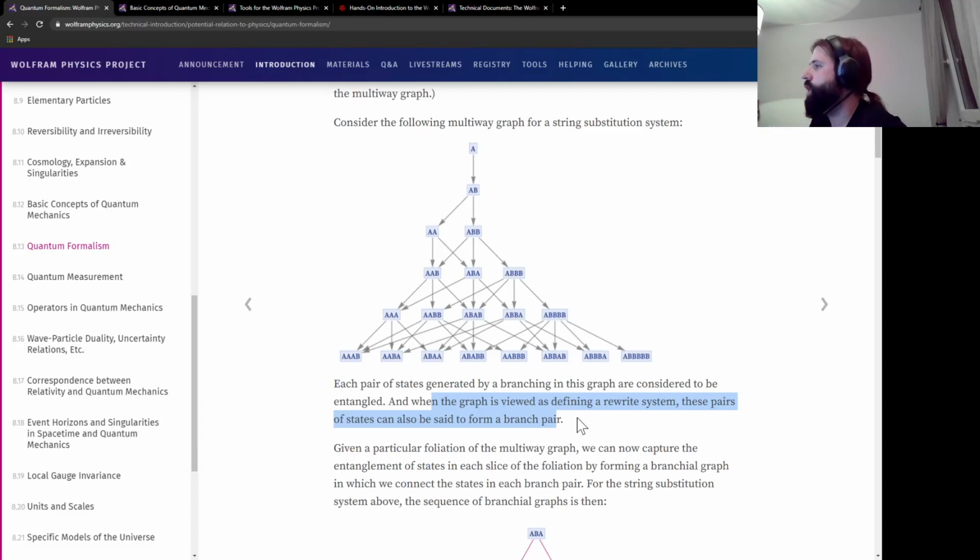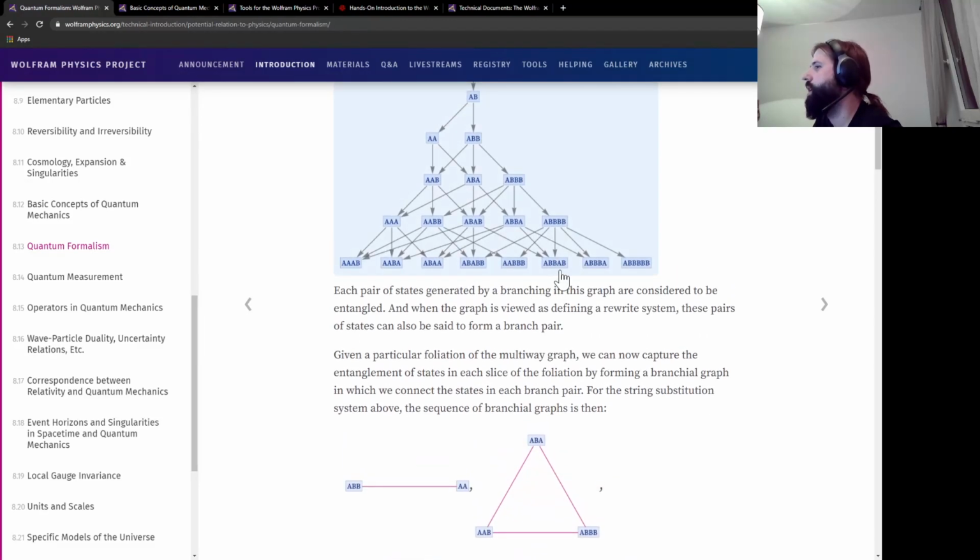Given a particular foliation of the multi-way graph, we can now capture the entanglement of states in each slice of the foliation by forming a branchial graph in which we connect the states in each branch pair. For the string substitution system, the sequence of branchial graphs is then.